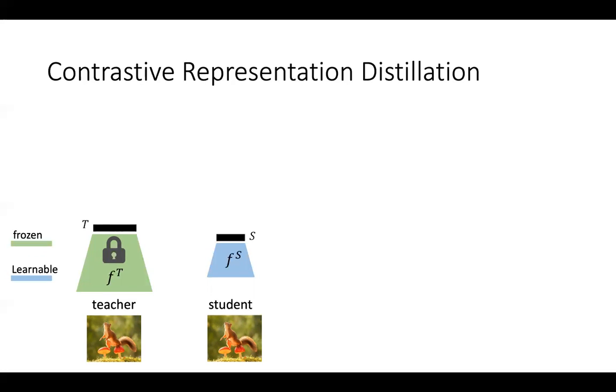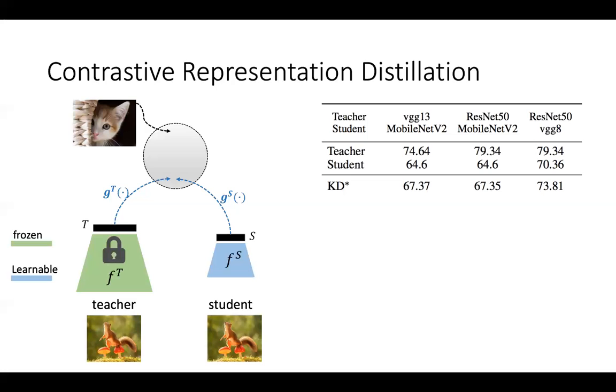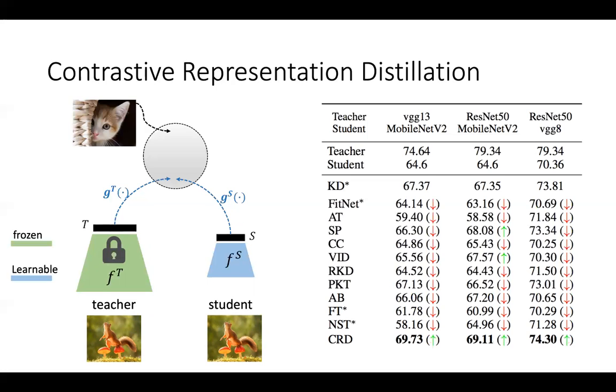And this can be solved by contrastive learning. So you can treat the representation from the teacher as the first view, and the representation from the student as the second view, and perform contrastive learning there. You can get good performance, better than the original knowledge distillation.